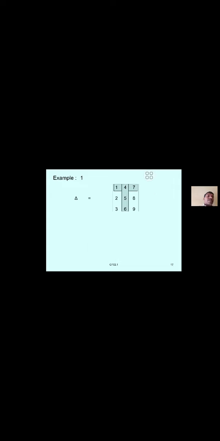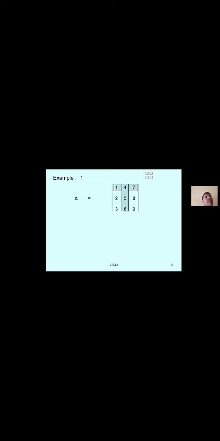Example 1. Delta equals 147, 258, 369. To find the minor of the element 4, we have to remove the row and column where 4 is located, where the row and column intersect at 4.